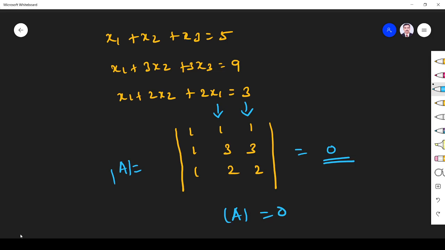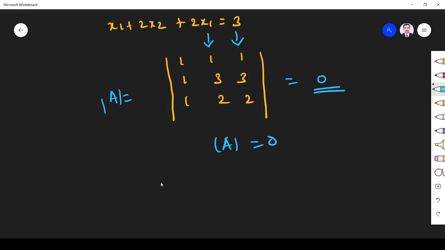If the determinant value is 0, then it has infinite solutions. Fine? So in this way, we can solve problems like this. Next we study about matrix.